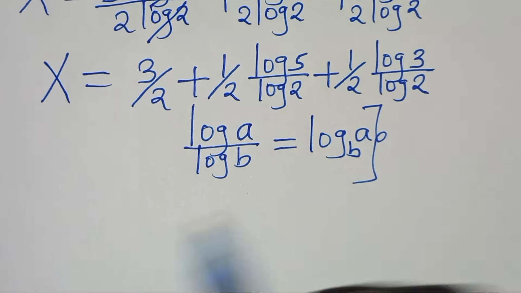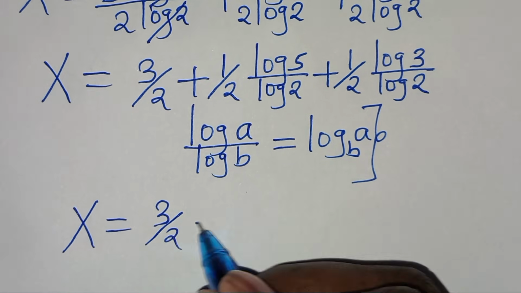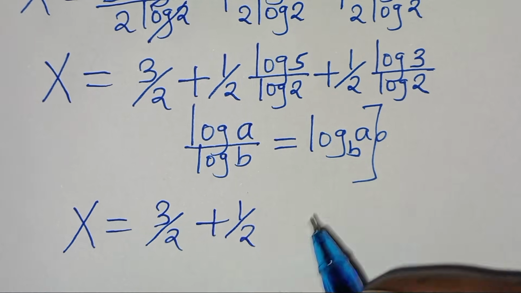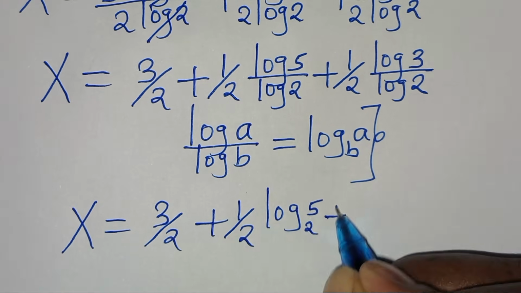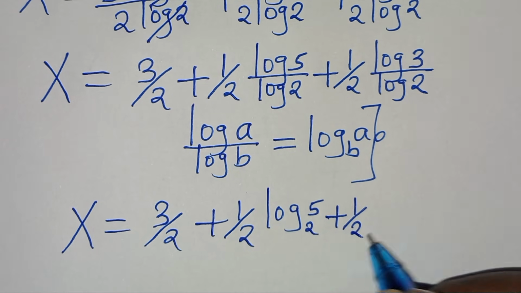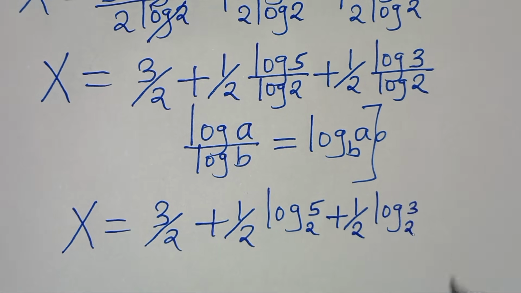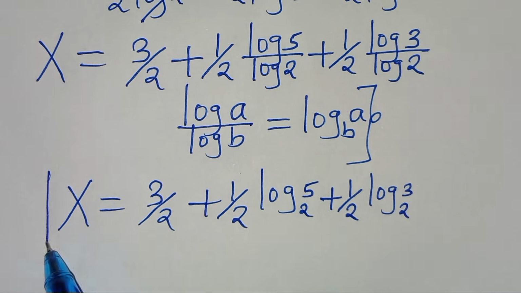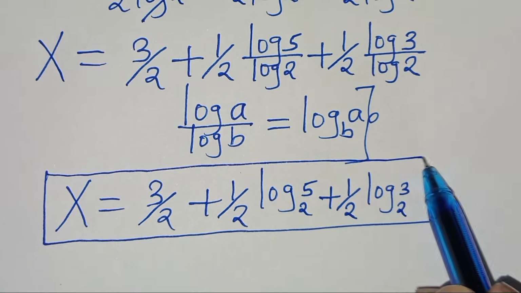Applying this property, we have x equal to 3 over 2 plus a half log 5 to base 2, then plus a half log 3 to base 2. So this is the value of x.